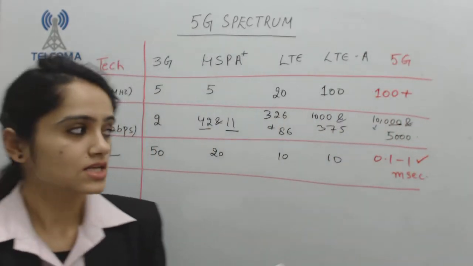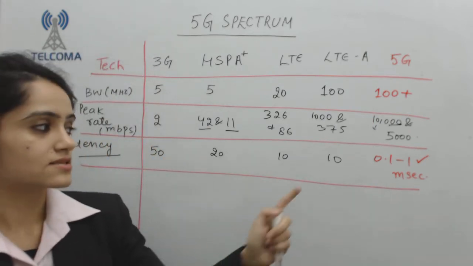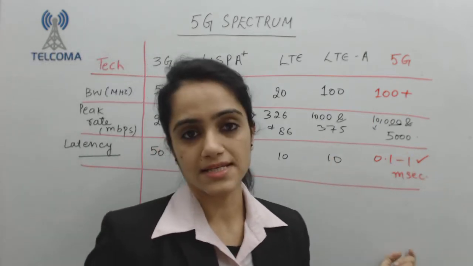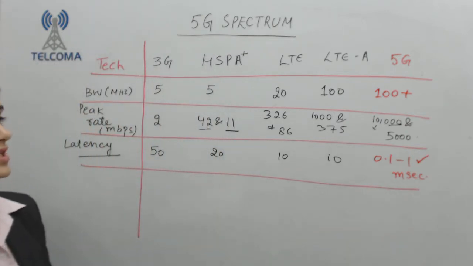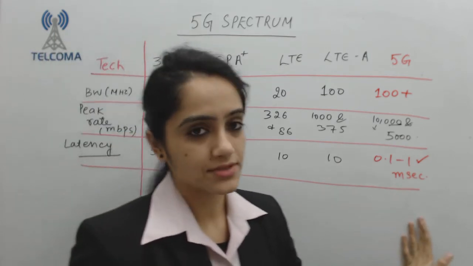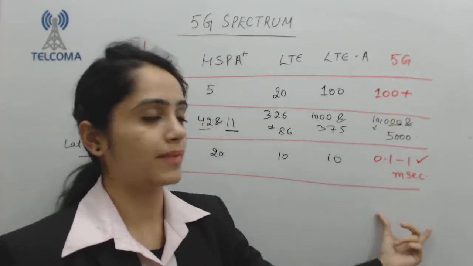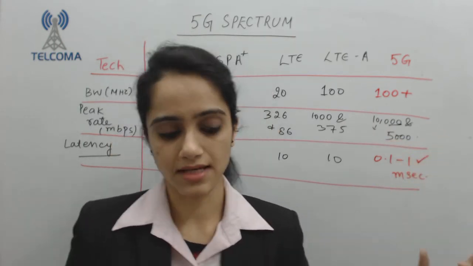So my latency should be very low, and 0.1 to 1 millisecond is the desired one. So this is the comparison from 3G till 5G, in which we have shown the bandwidth and accordingly the data rate plus their latency.